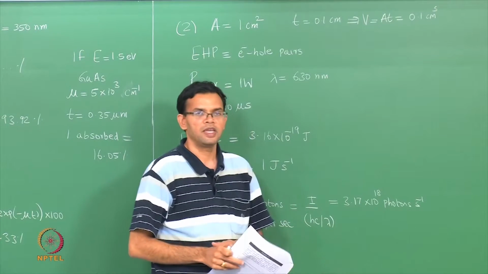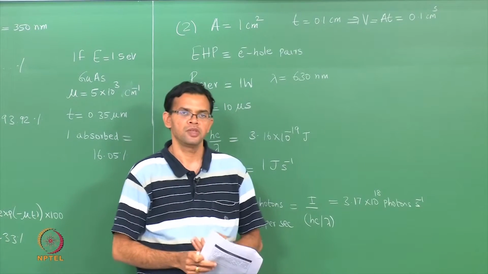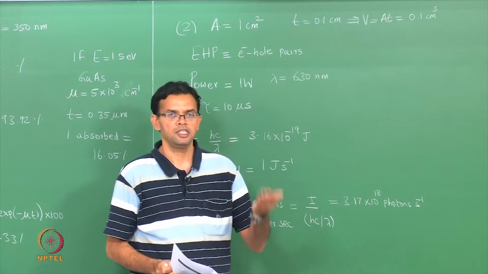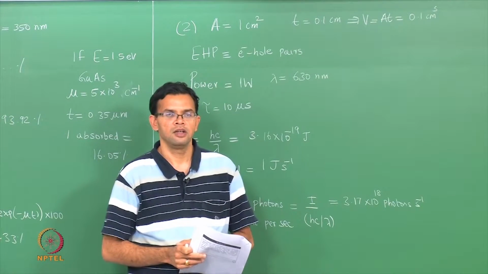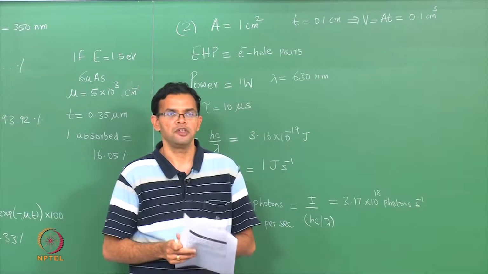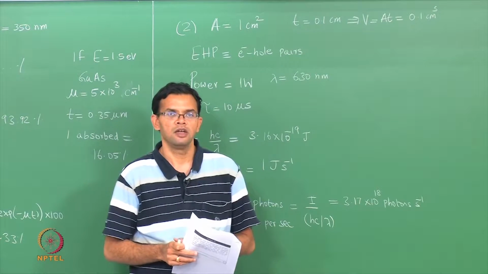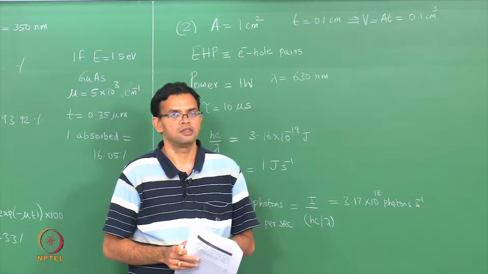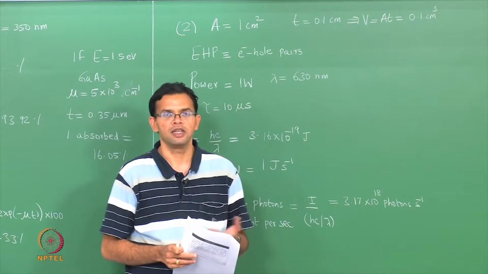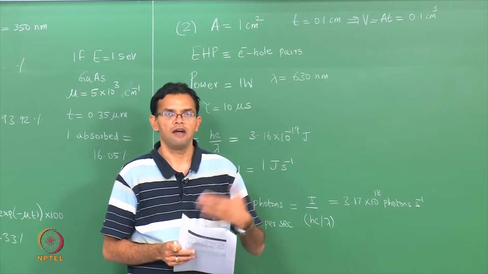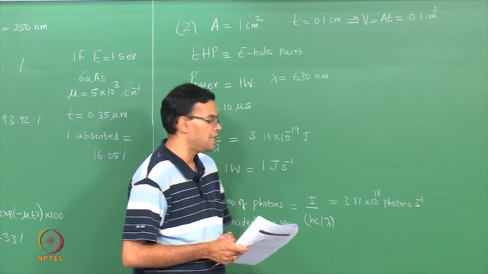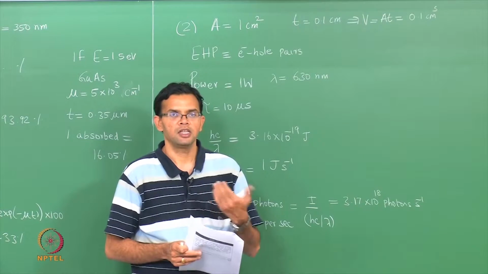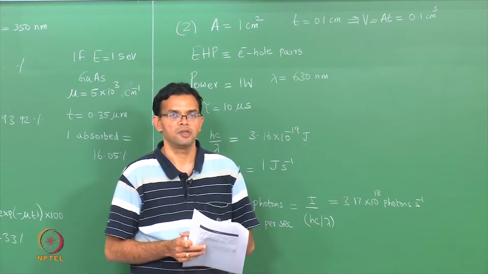So, this we can divide by the volume. We also say that each photon gives rise to one electron hole pair. So, this means there is a quantum efficiency of 100%. Usually that is not the case, the quantum efficiency would be lower than 100, in which case you will have to multiply by the appropriate fraction. But for this particular problem we will take the quantum efficiency to be 100%.